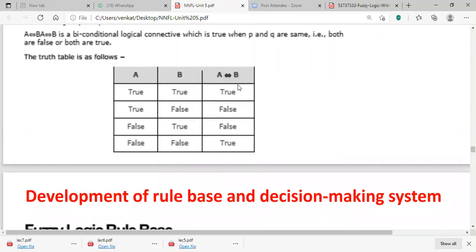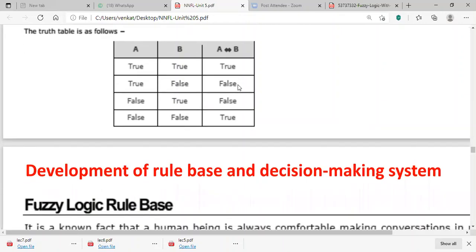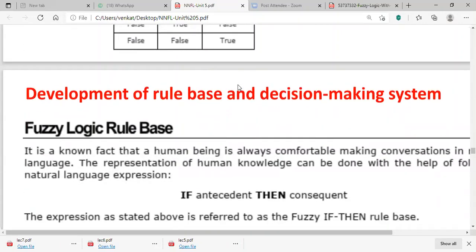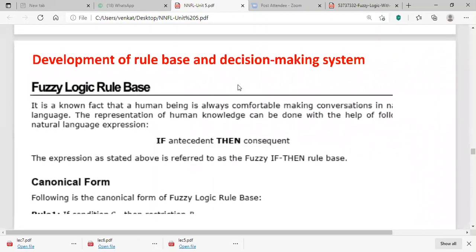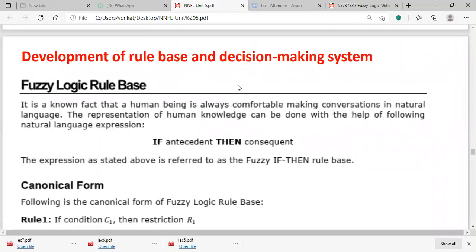So next thing you need to learn is how to develop this rule base or your decision making system. So fuzzy logic is completely rule based. Human beings are always comfortable making conversations in natural language. So using natural language expression, you can represent human knowledge.